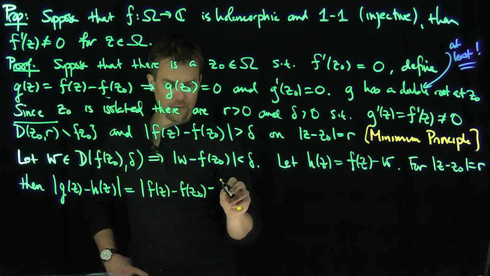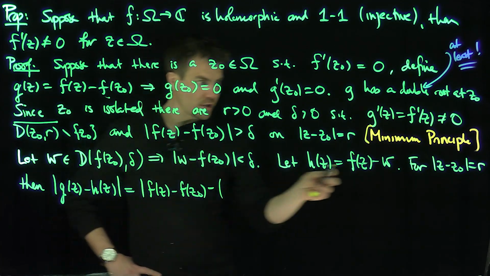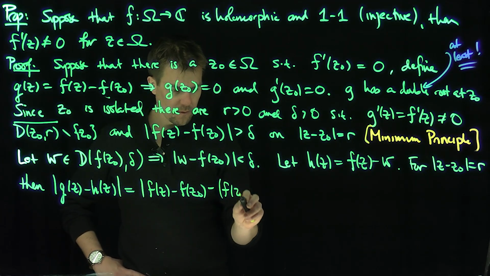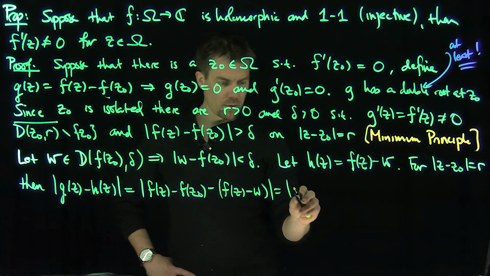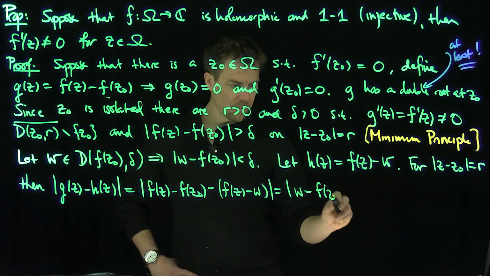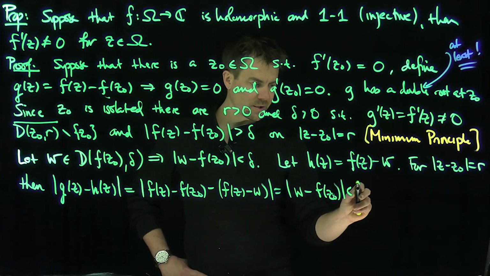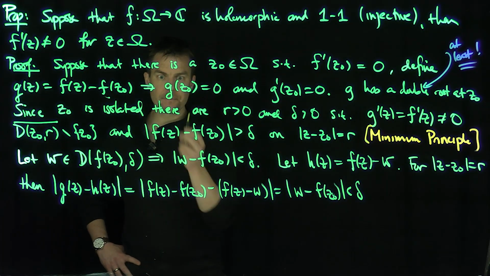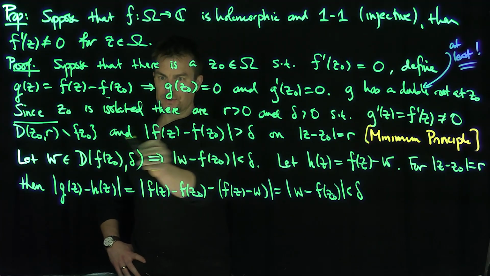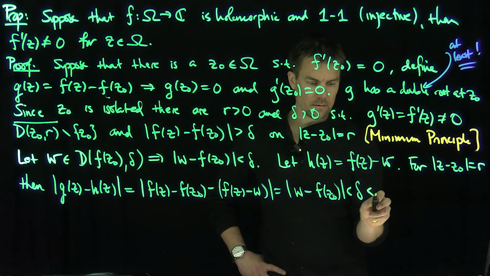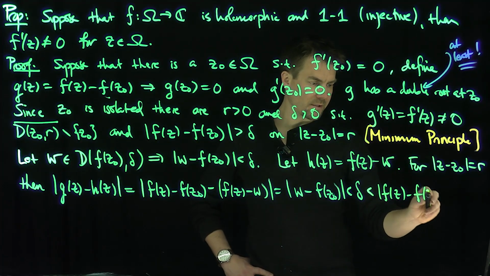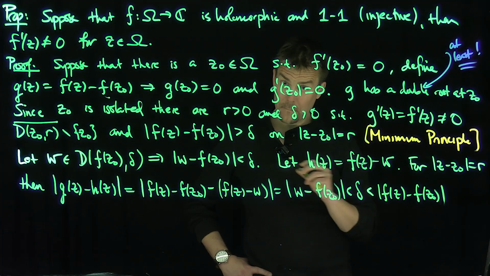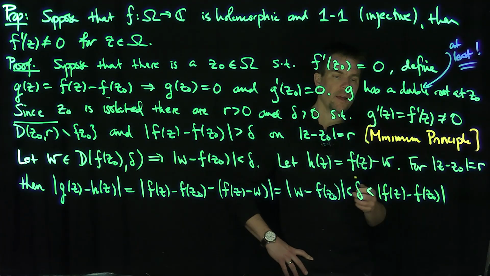Then I'm going to subtract off h, which is f of z minus w. So this becomes just w minus f of z0, which we know by assumption is less than delta. But delta is less than, on this circle over here, modulus of f of z minus f of z0, like that. Great. And that's equal to g.